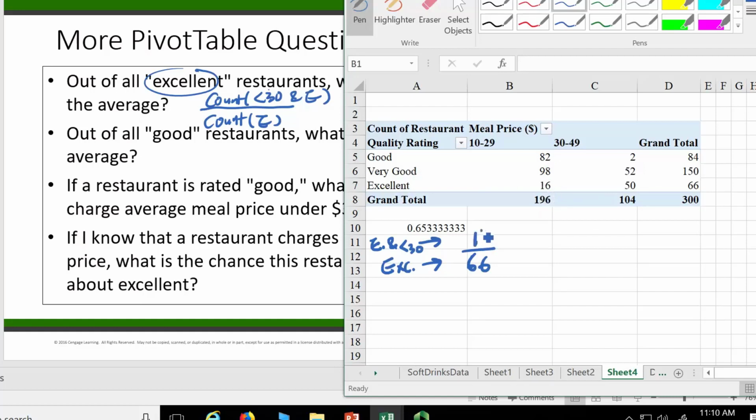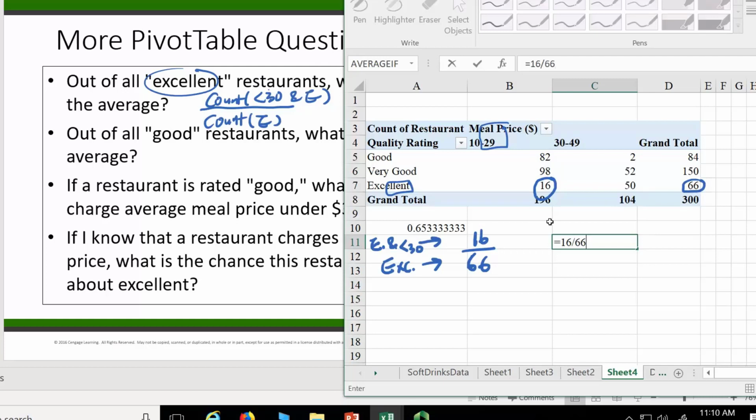So what we're doing is taking the number that satisfies both conditions, less than 30 and excellent, and dividing by the total number of excellent restaurants, the 16 divided by 66. Let me write that there. 16 divided by 66 is 24%. So we say 24% of the excellent restaurants have under $30 for their meal price.